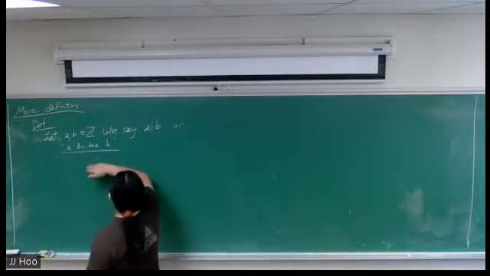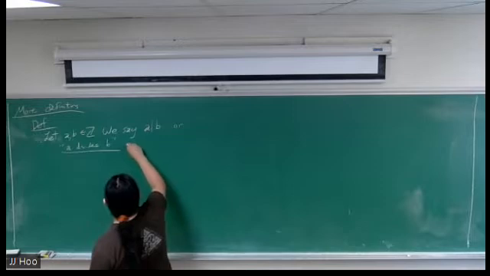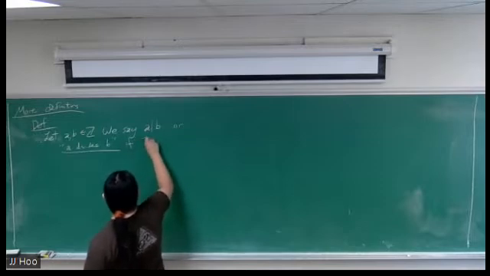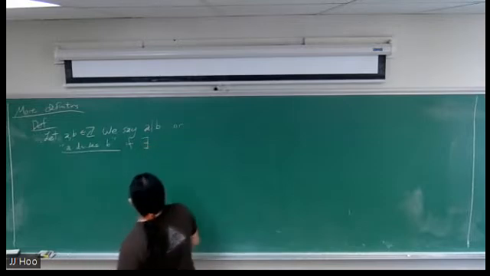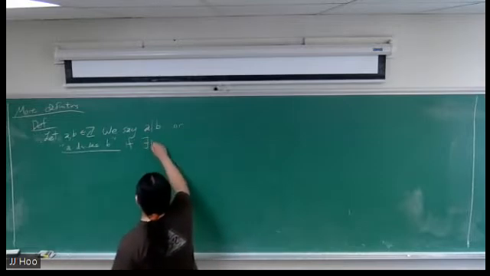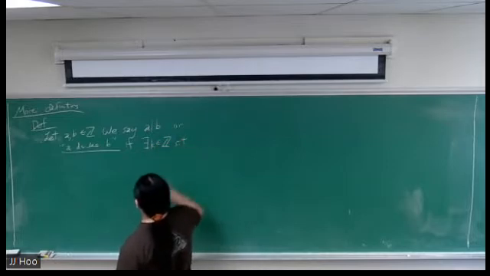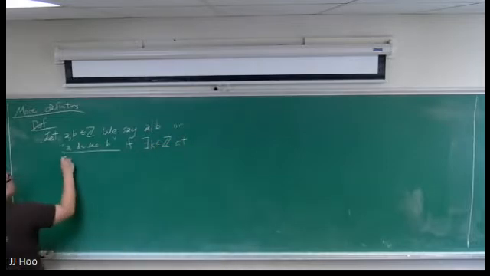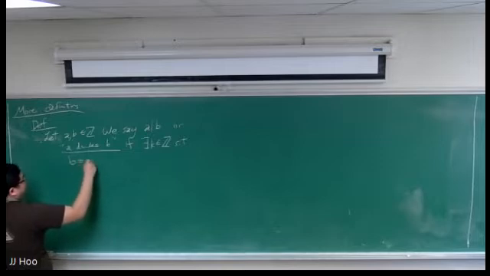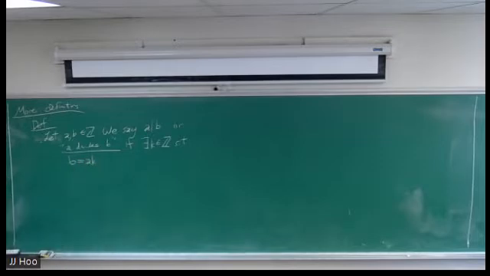So A divides B. There exists a K in the integers such that B equals AK. Right? Notice that I didn't use division, right? I didn't divide.